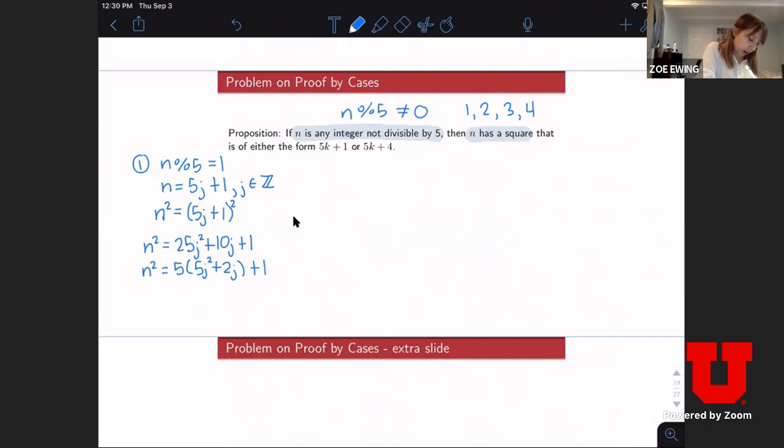And then we can simplify this section because of closure. So we just have to make sure to specify n squared equals 5k plus 1, where k is an integer by closure under addition and multiplication.